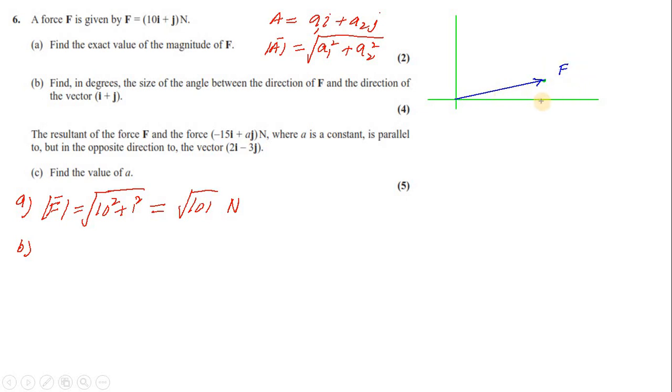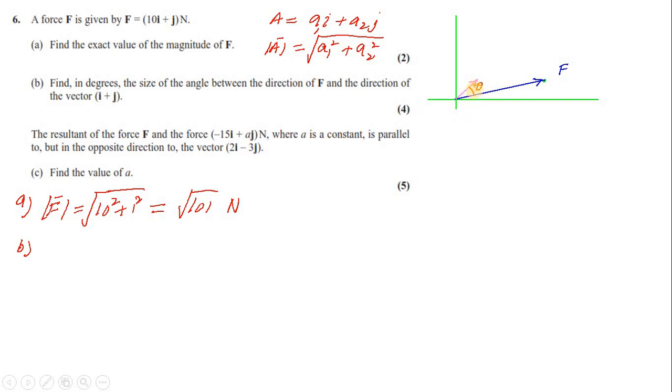So remember 10i plus j, and another vector is i plus j. I plus j will be giving 1 unit i and 1 unit j, so somewhere here, something like this. And then this is your vector i plus j, and we need to find the angle between these two vectors. So we need to figure out this angle, which is theta.